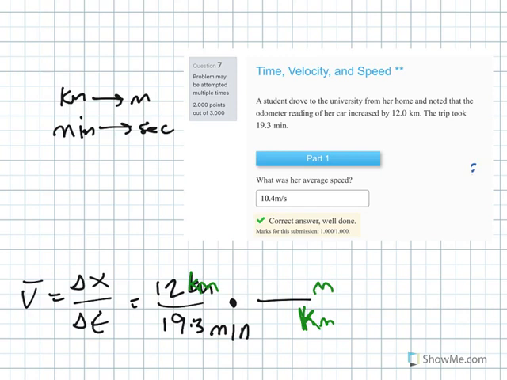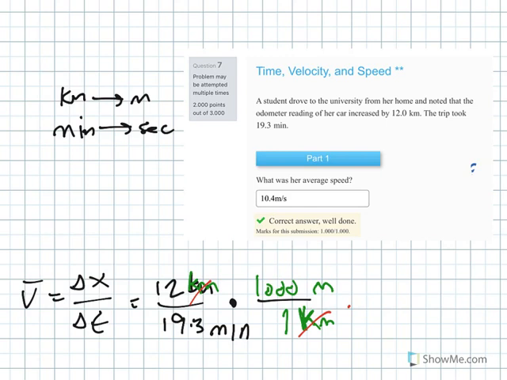So question mark over question mark. How many meters are in a kilometer? Or how many kilometers are in a meter? Well, there's 1,000 meters in 1 kilometer. So that means that kilometers are going to cancel, and upstairs I just have 12 times 1,000 meters.